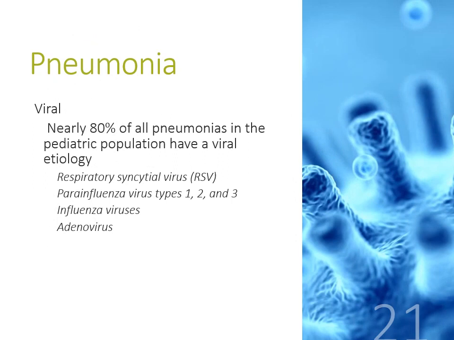Let's talk about pneumonia in children. Nearly 80% of all pneumonias in children are viral. These occur from RSV, parainfluenza virus type 1, 2, and 3, influenza viruses, and adenoviruses.